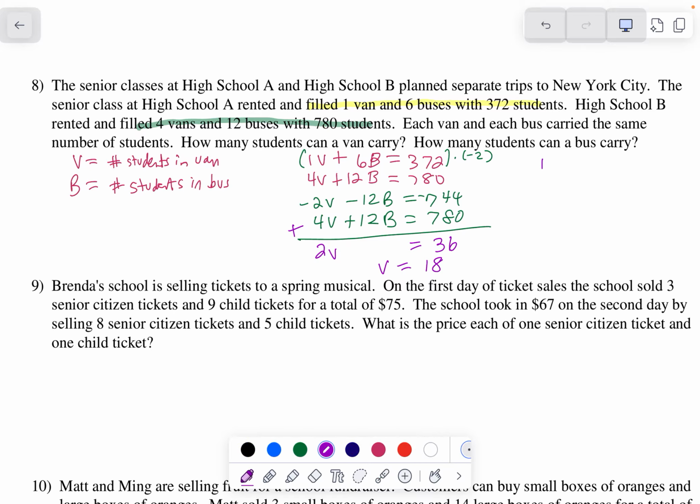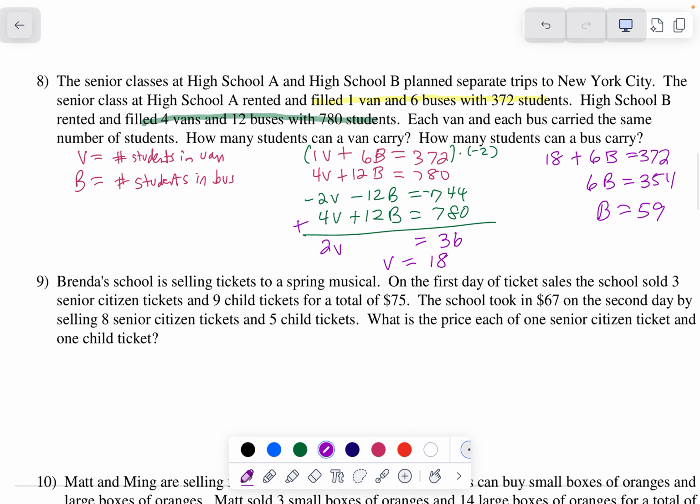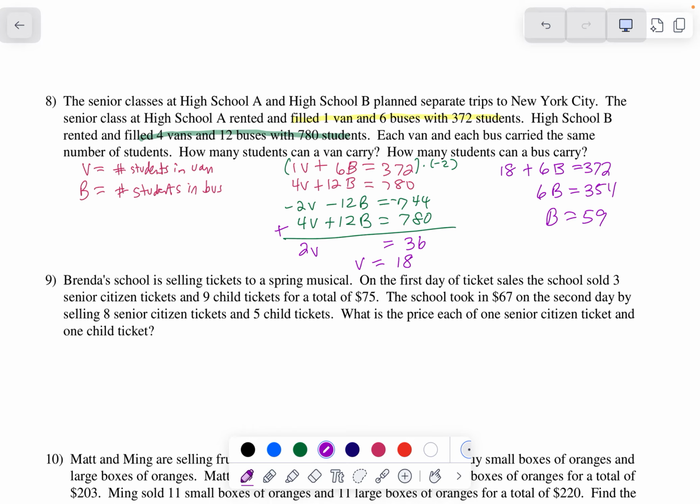So that's 18 plus 6B equals 372. So let me say that again. I found V, so put it in the V spot, which is there, 18. 372 minus 18 is 354. Just got to divide by 6, and that will say how many are in a bus. So there are 59 possible people in the bus.